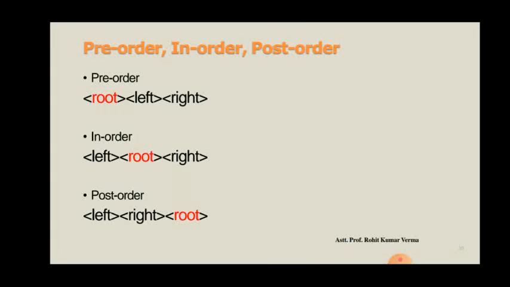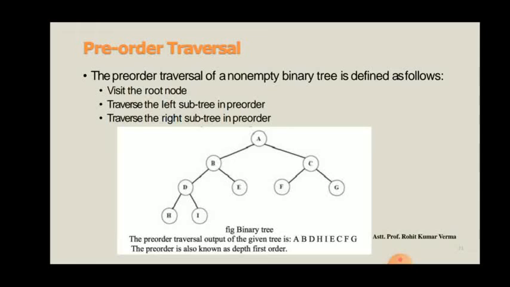Now we are understanding the concept of pre-order traversal. In pre-order traversal, first of all you have to visit the root node. Here in this tree the root node is A. You can see below in the traversal output, first of all we write A, because we have to visit the root node first.